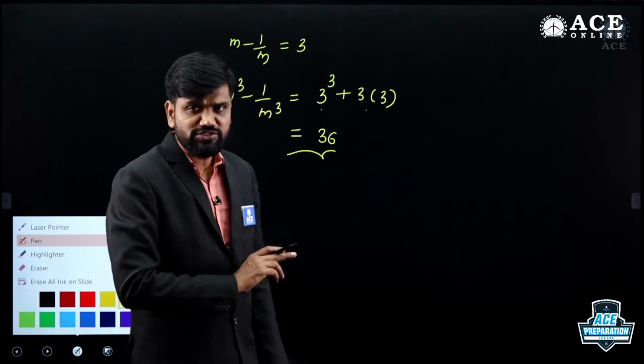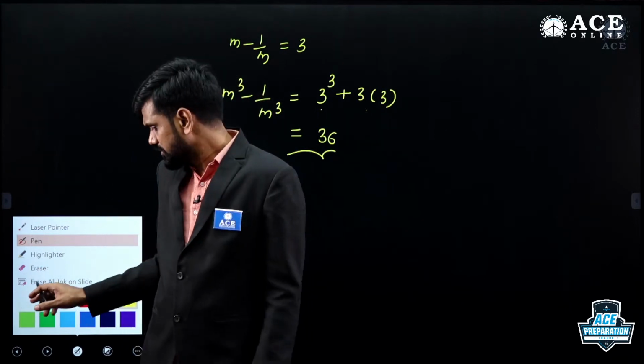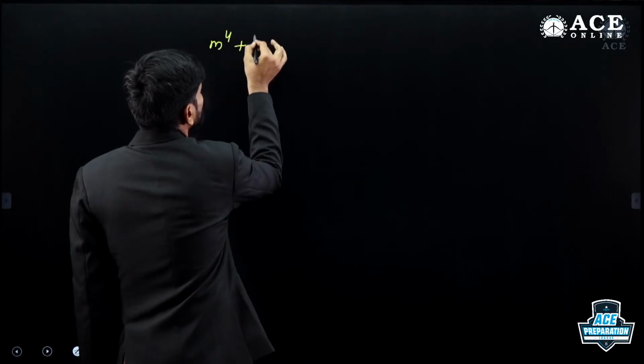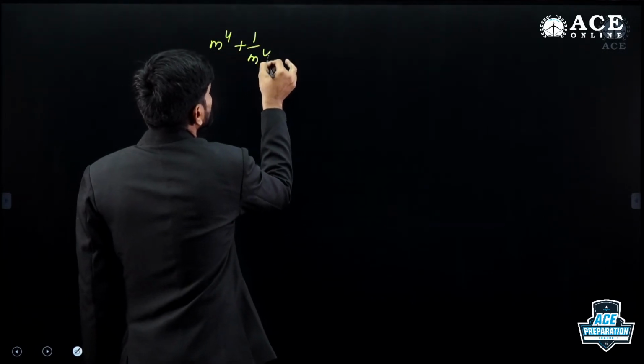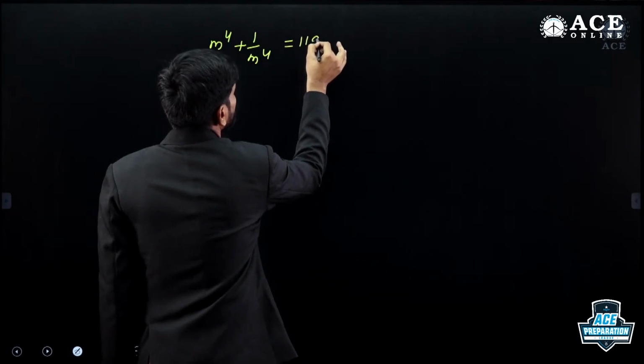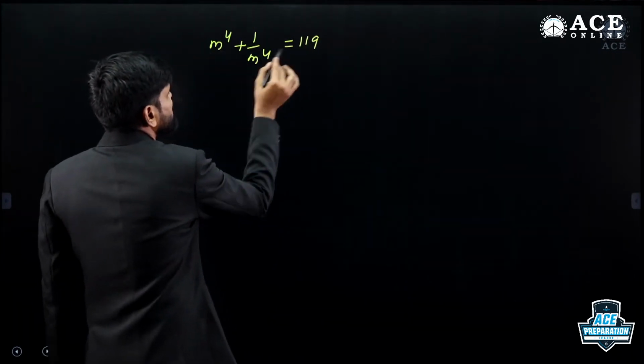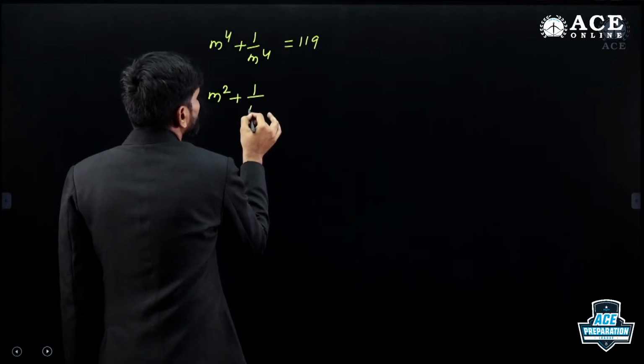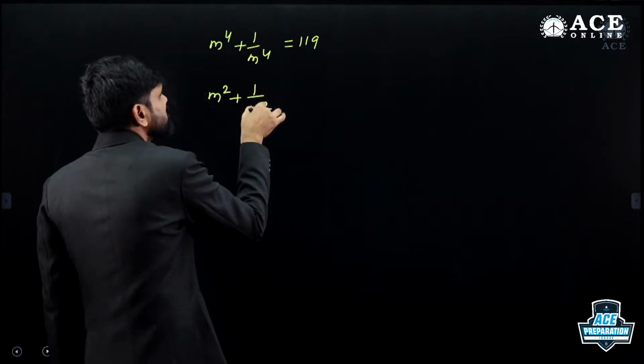Is everyone done with this one? Say suppose you are having m power 4 plus 1 by m power 4 is given as 119. Let us say. You simply add 2 on both the sides. That will give you m square plus 1 by m square whole square is equal to 121.